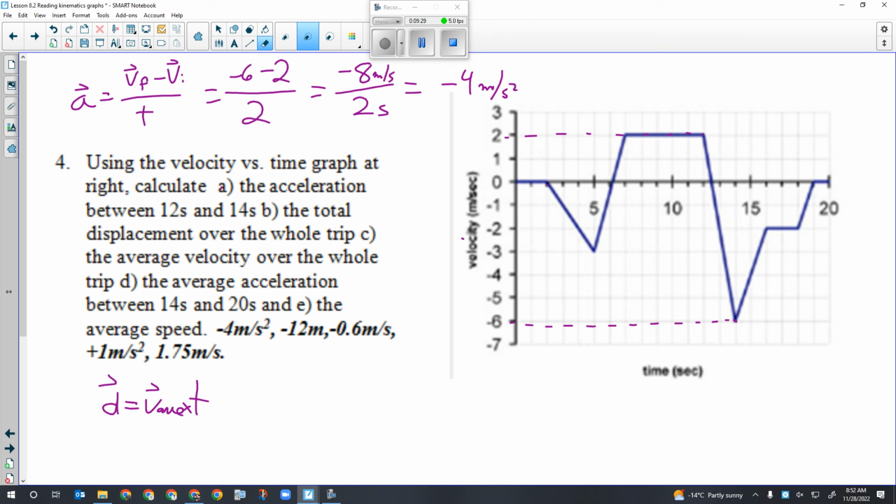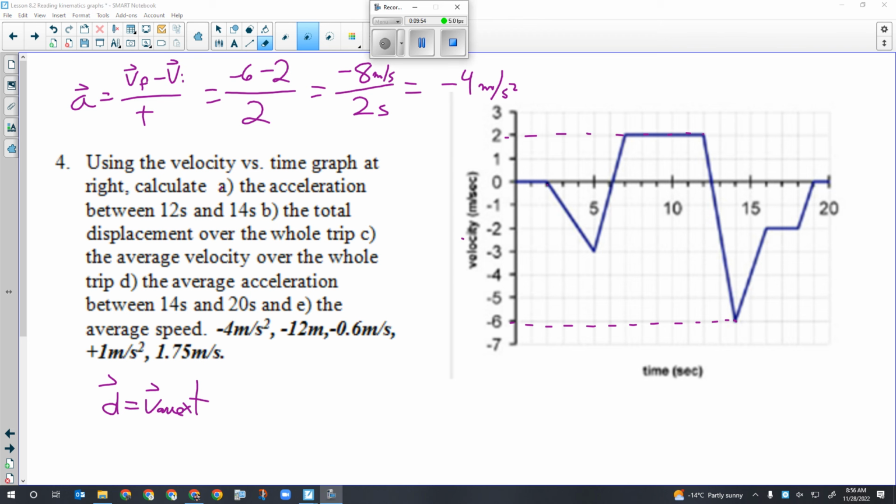Some rectangles and some triangles. I'm going to give you a few minutes to get them all drawn. Maybe make a rough diagram of this, so that you can get the shapes all drawn. We need right angle triangles and rectangles in order to get the total displacement here. I'll give you a few minutes, then I'll draw them, and see if we draw the same ones.